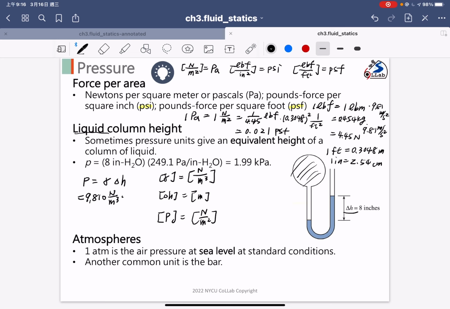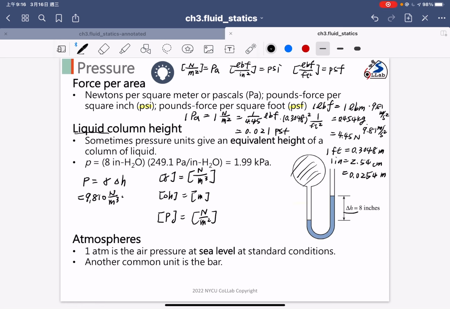As I showed here, 1 inch is equal to 2.54 centimeter, so it is equal to 0.0254 meter, right?